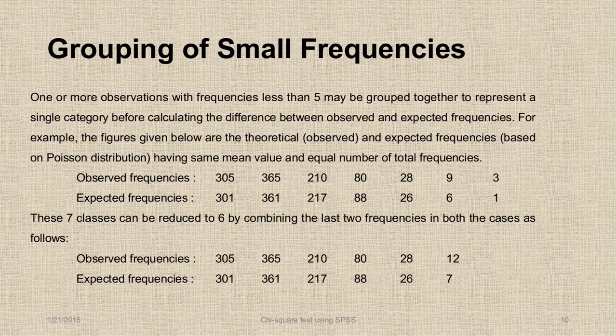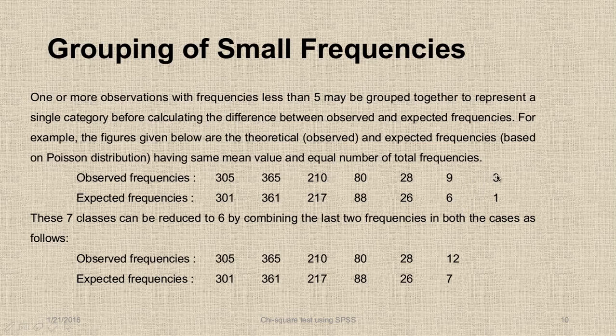Now one important thing we have to keep in mind while applying the chi-square test. When we are preparing or calculating the observed frequencies and expected frequencies for different categories of the variable, if we come across observed and expected frequencies with smaller numbers less than 5, say particularly here 3 and 1 are less than 5, we have to club them to the neighboring observed and expected frequencies to make the expected frequencies at least greater than 5.